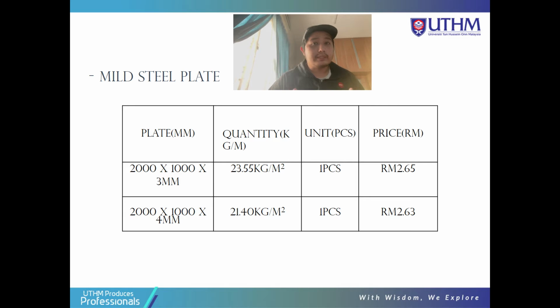The weight of each steel plate is also different by almost 2 kilos. So the unit price is also slightly different, which costs us around 2 ringgit 60 something, but that's all we need for our project.